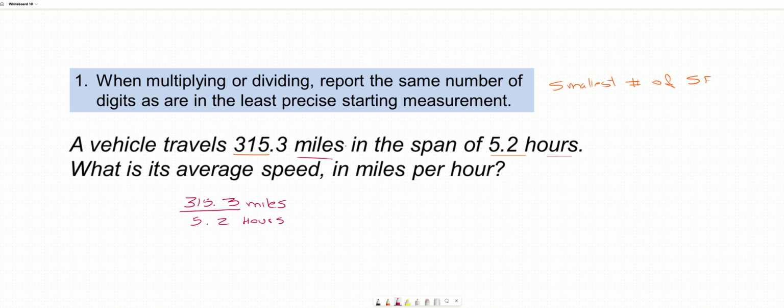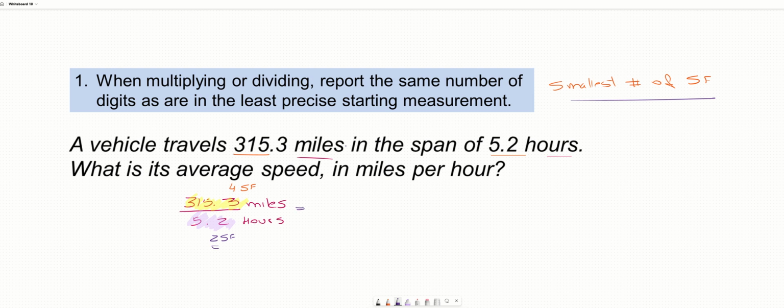Here I have 1, 2, 3, 4 significant figures, so 4 significant figures. And over here, I have only 2 significant figures. So my answer must have 2 significant figures, the smallest number of significant figures, because they are the least precise.